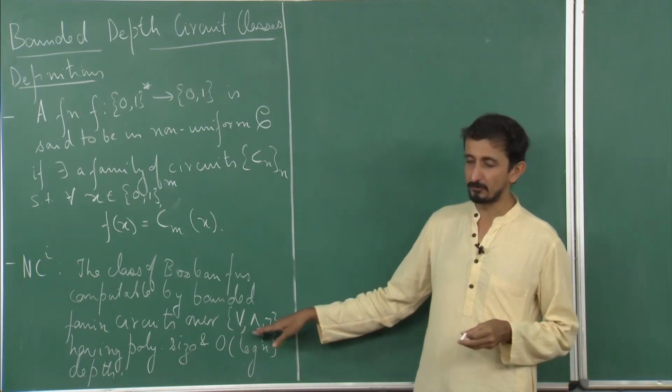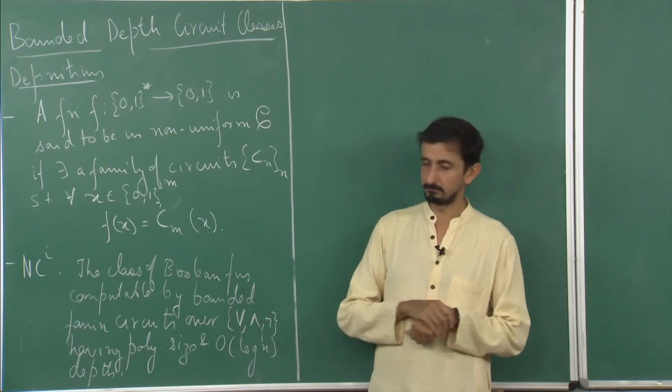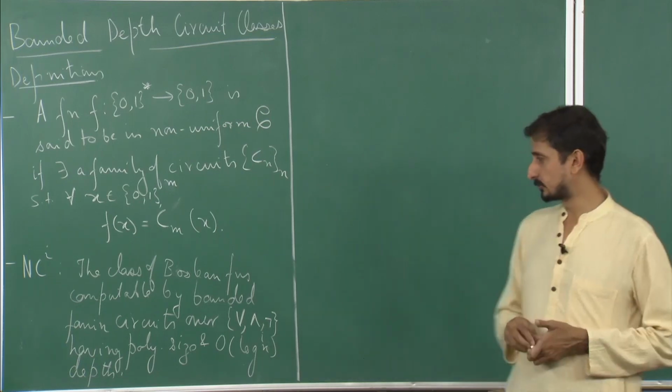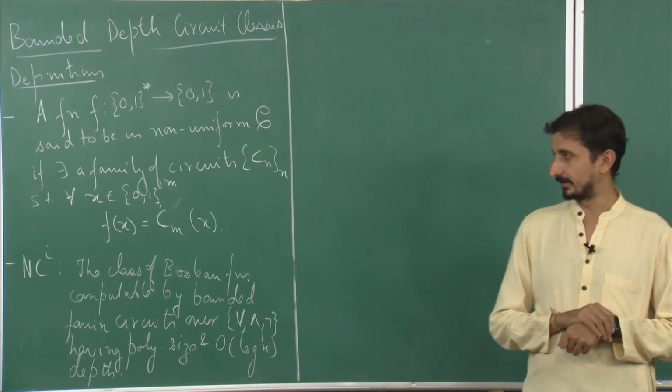This is not a very strict requirement. Even over B2 one can show that it can be reduced to circuits which have only AND, OR and NOT gates.